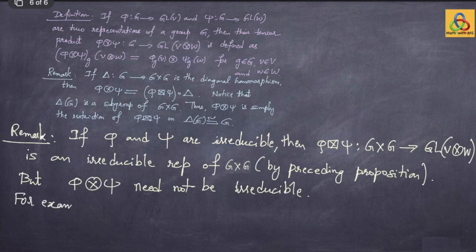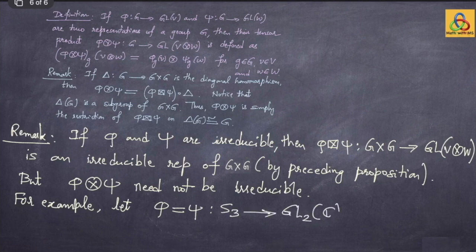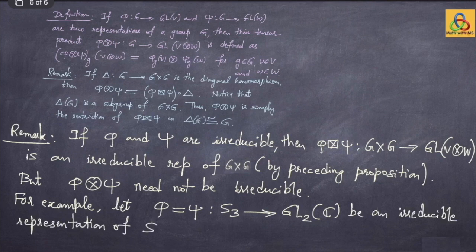So let us see an example. Let us take phi and psi to be the same, a representation of the symmetric group S3 into GL2(C). We know that the symmetric group S3 admits a degree 2 irreducible representation. Take phi and psi to be such a representation.